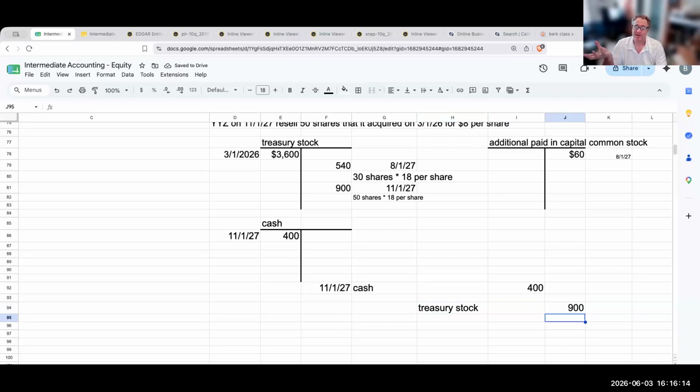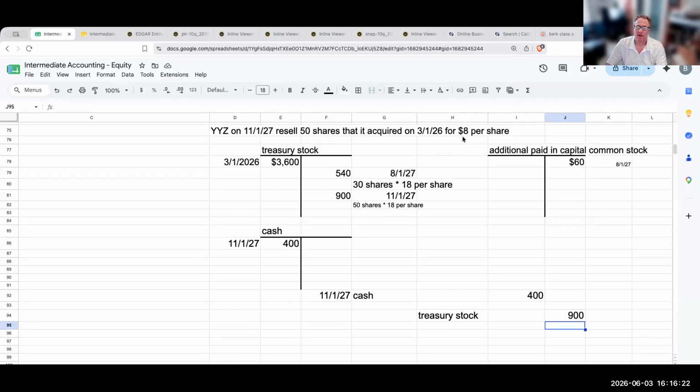Now, the dilemma I have is, wait a second, this looks like a loss, because I bought it for 18 and I'm now selling it for 8. But we can never record gains or losses on our own stock.